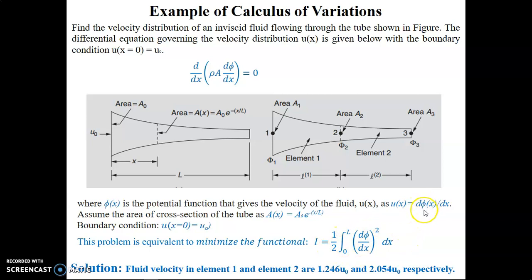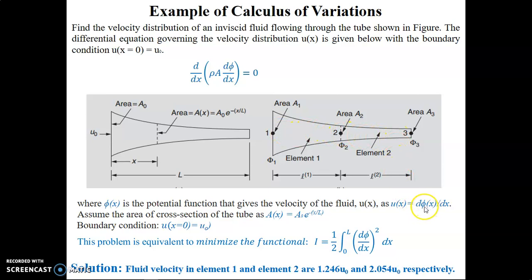So first you need to approximate the potential function within each element. You can assume that potential function is linearly varying between the first and the second, or second and the third node.